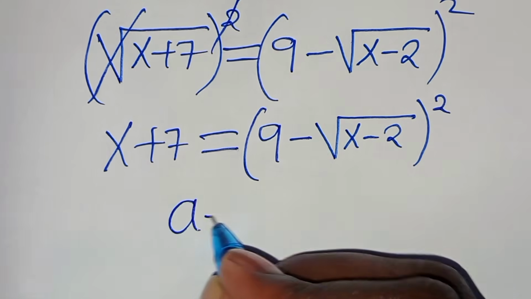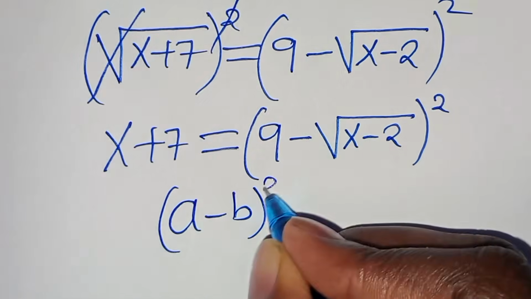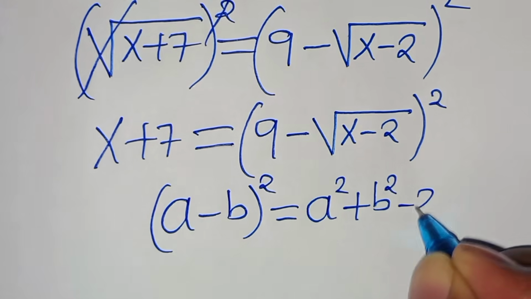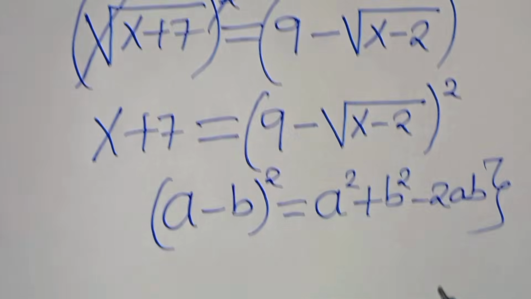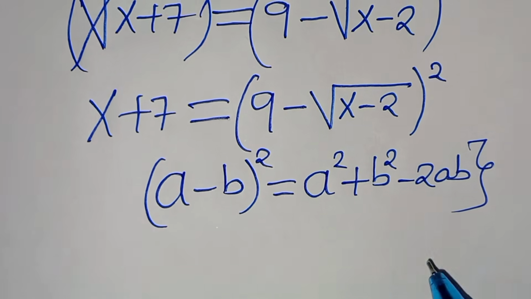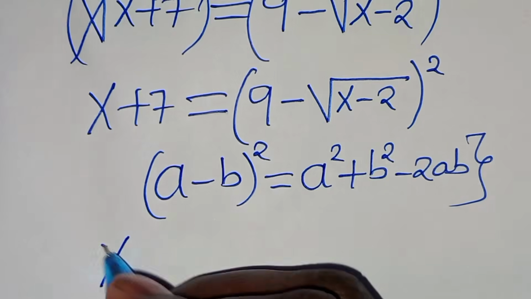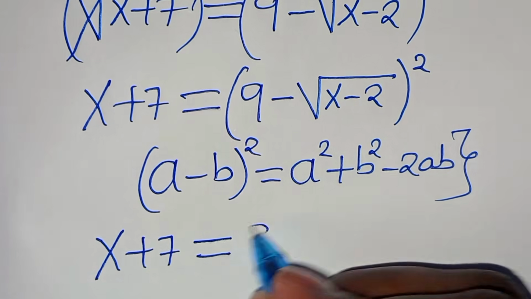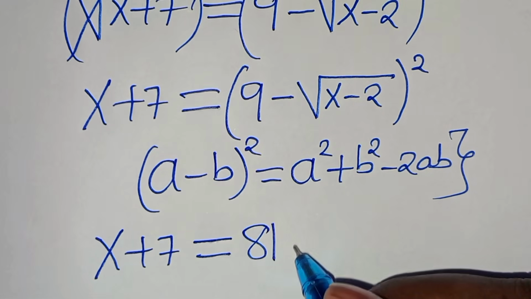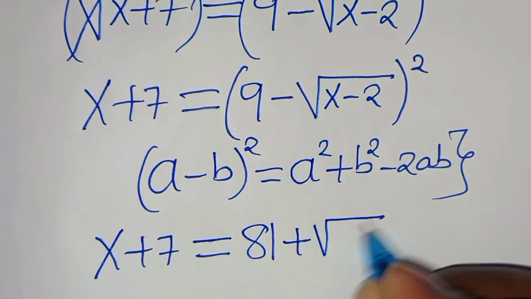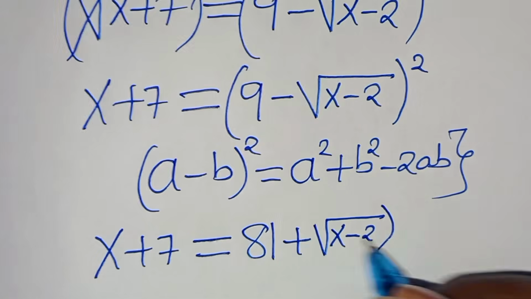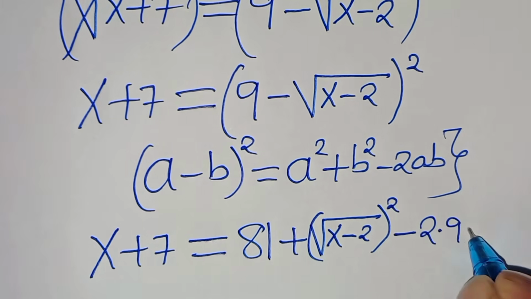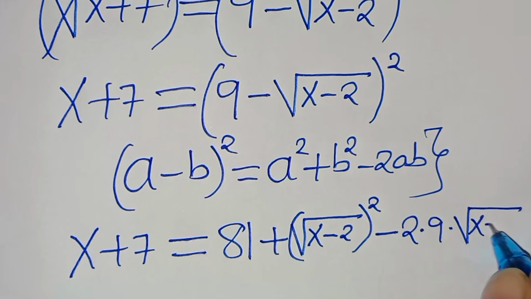This is in the form of a subtract b raised to the power of 2, which you can express as a squared plus b squared minus 2ab. Applying this algebraic identity, x plus 7 is equal to 9 squared, which is 81, plus the square root of x subtract 2 raised to the power of 2, then minus 2 times 9 times the square root of x subtract 2.